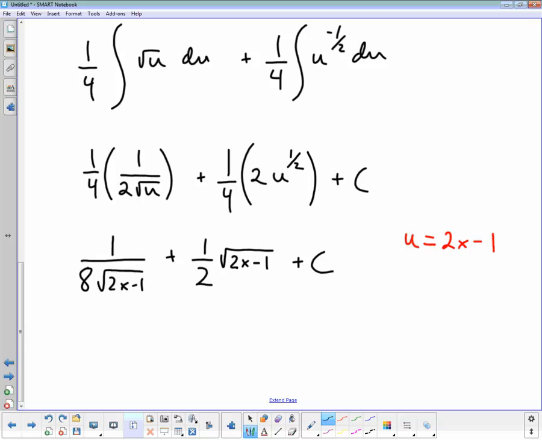If you left it like that, I would probably be okay. Or you can go ahead and find your common denominators and rationalize denominators and waste a whole lot of time, or leave it like that and I'll be fine.